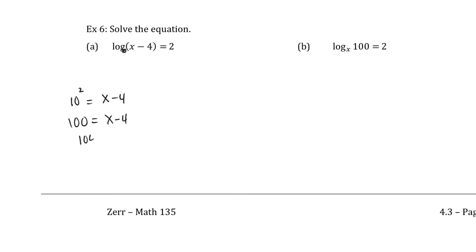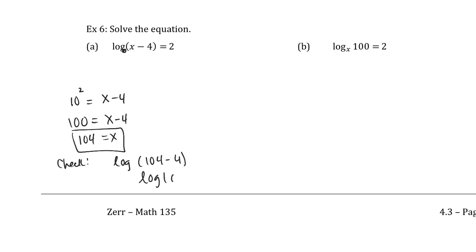Add 4 to both sides. X is equal to 104. And then we'll just quickly double check. Log of 104 minus 4. That would be log of 100. And log of 100 is 10 squared. So that is equal to 2.